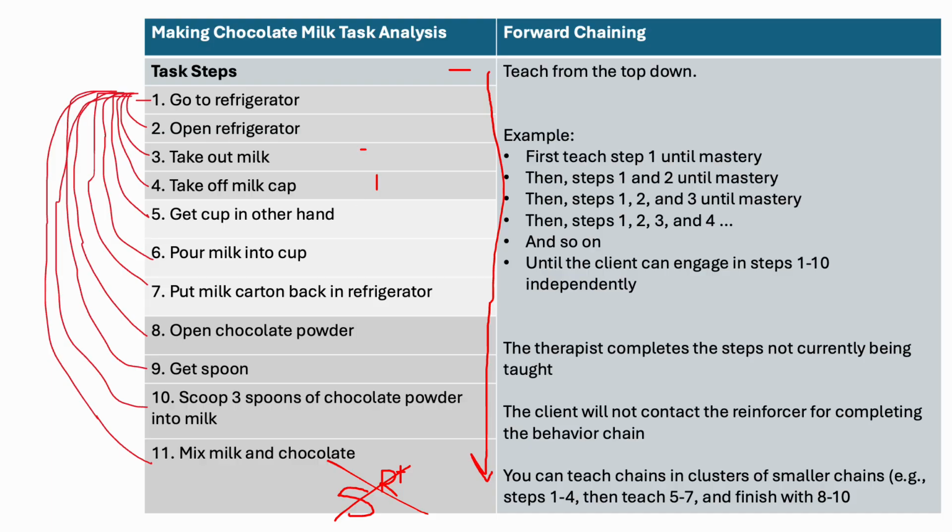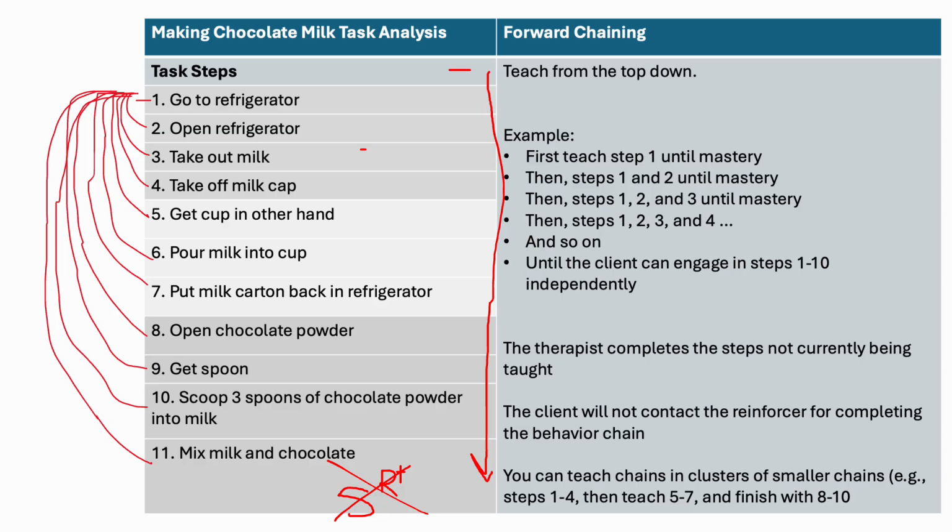So what I mean is, let's say that instead of working on step 1 initially alone, and then once that's mastered, I work on step 2 alone. Instead, I can work on a group of skills together or a cluster of small behavior chains together. Then once that entire cluster is mastered, then I can introduce the next cluster.